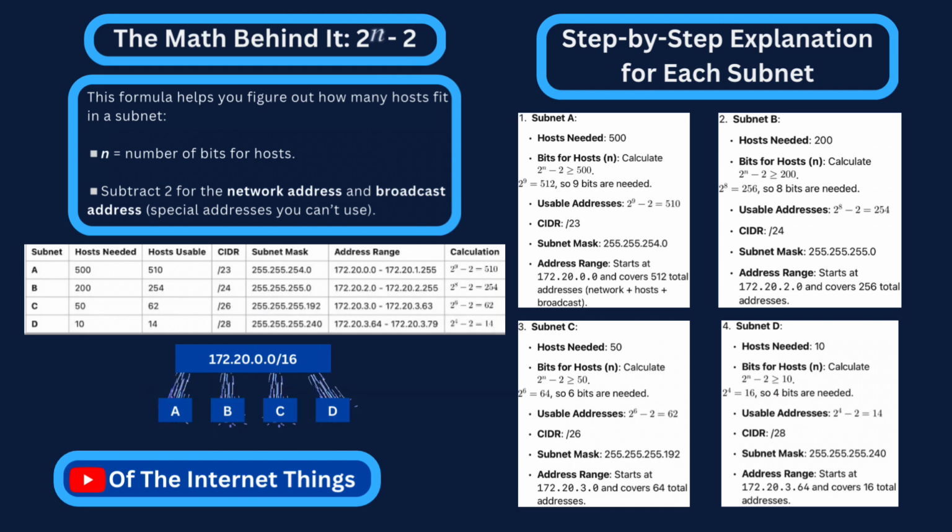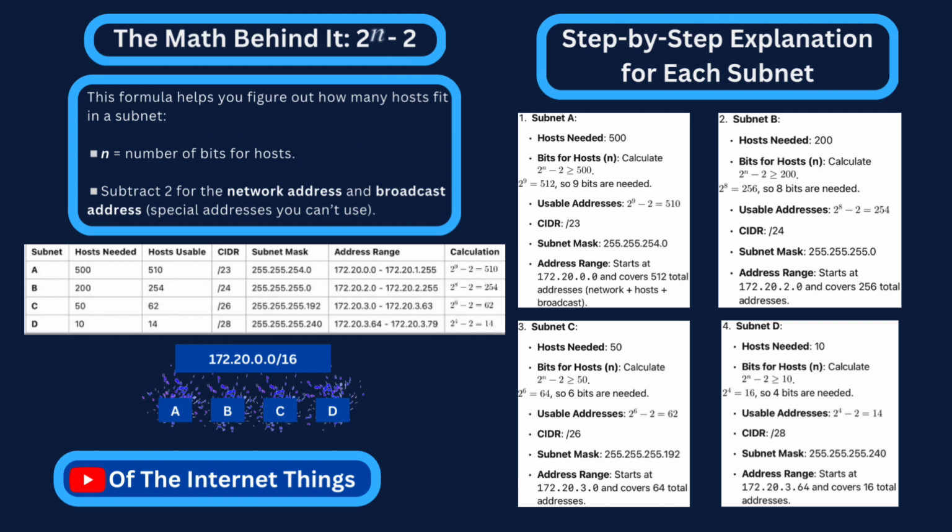Here's the breakdown for each subnet, showing the calculation and details. Step-by-step explanation for each subnet. We needed to subnet a network 172.20.0.0/16 to accommodate different numbers of hosts. Our design resulted in 4 subnets.